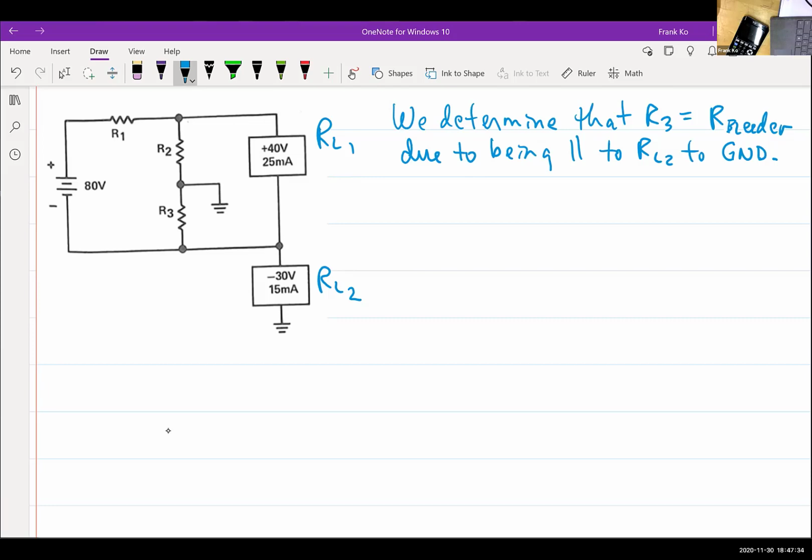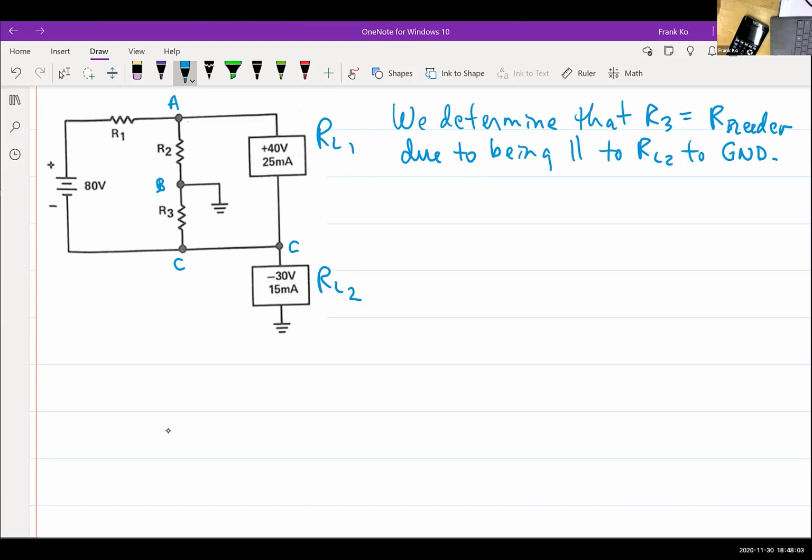So, how are they both connected to ground? Let's go ahead and label these points. Let's label this point A, label this point B, and label this point C. I have another node here. That's also point C. Does point C exist in 2 places? Yes. So is the second load resistor and R3 both connected at point C?